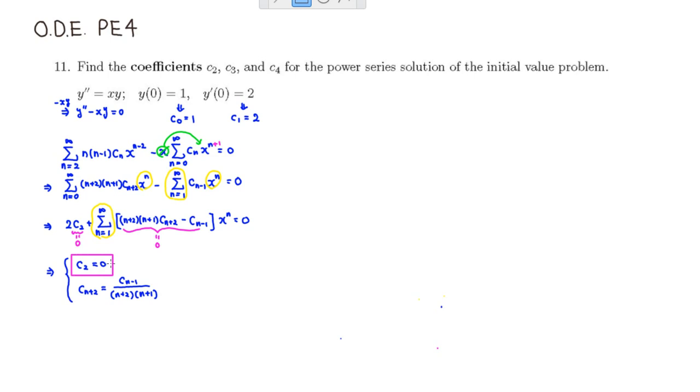We found C2 is 0. Now let's find C3 and C4. We can use this second formula here. In order to find C3, I'm going to put n equals 1.